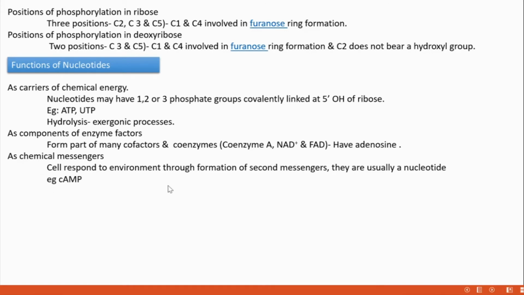Whenever a cell gets a trigger by way of a hormone, the response to that stimulus is conveyed through the formation of these types of second messengers. So those second messengers are all nucleotides.